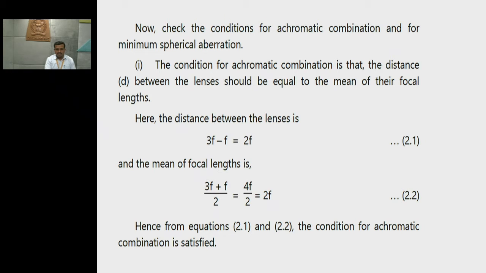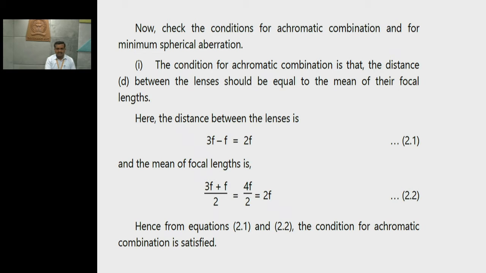Now we can check the conditions for achromatism and minimum spherical aberration. The first is the condition for achromatic combination. The condition is that the distance d between the lenses should be equal to the mean of their focal lengths.